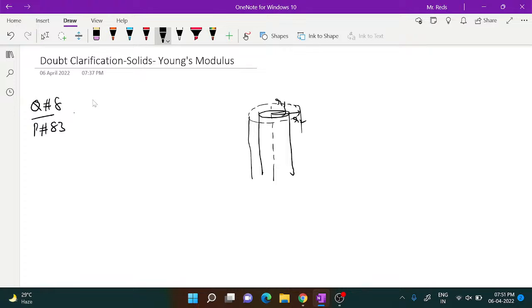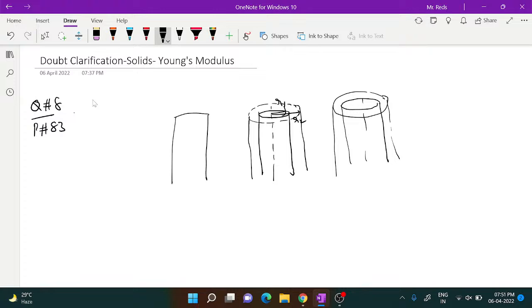This is one structure. Like this, how many are there? 4 are there. Like this, there is one more, this 2, with again inner and outer radii, and one more with inner and outer radii.